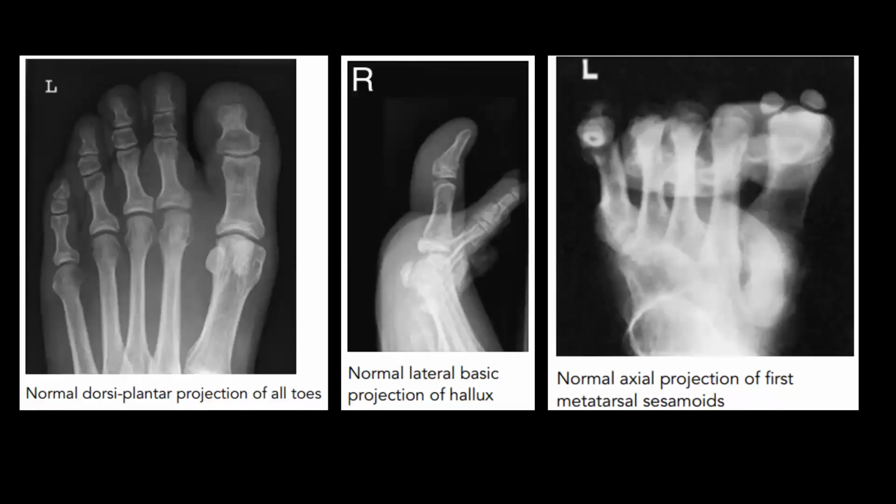This is how a normal dorsiplantar projection of toes looks. Again, we are having a closer look at the toes to identify any subtle abnormality here. We can also focus on one toe and take a projection of that particular toe only, or we can take an axial projection of the sesamoid bone in cases where we suspect pathology affecting the sesamoid.